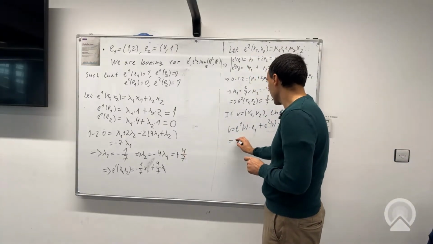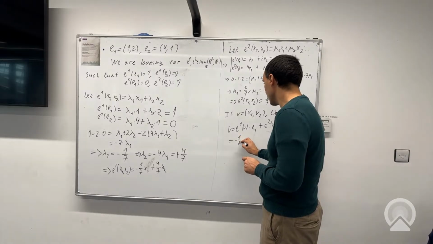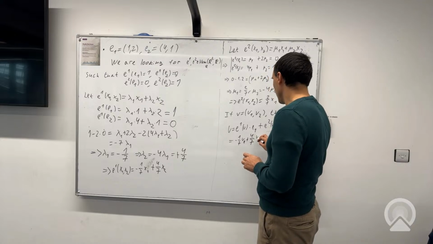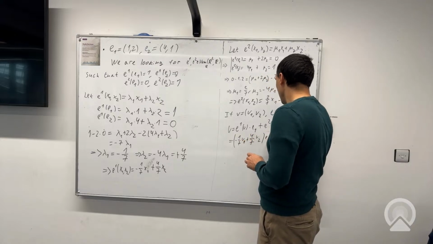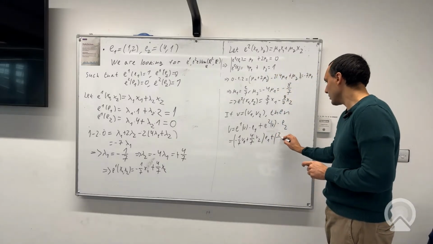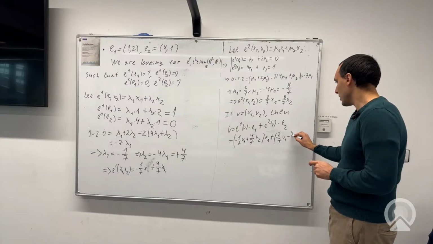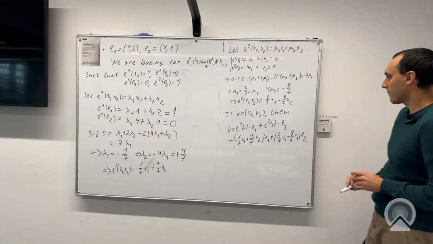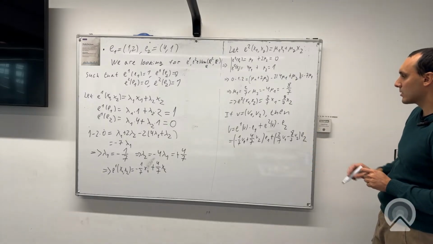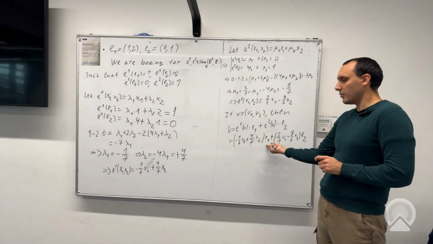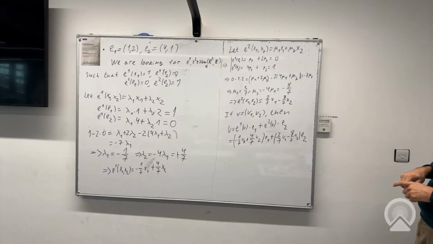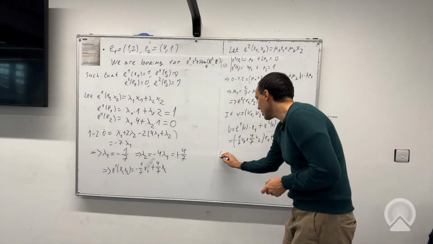So this is minus 1/7 v1 plus 4/7 v2 times e1, plus 2/7 v1 minus 8/7 v2 times e2. So this is how you decompose this vector in the basis e1, e2. We can check if you want. Do we need to check? Okay. Check.